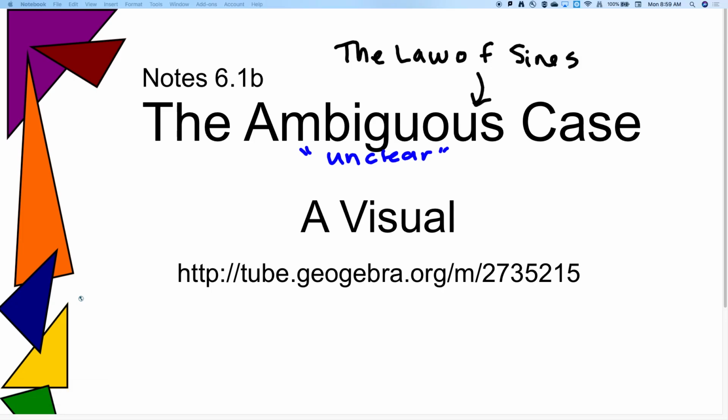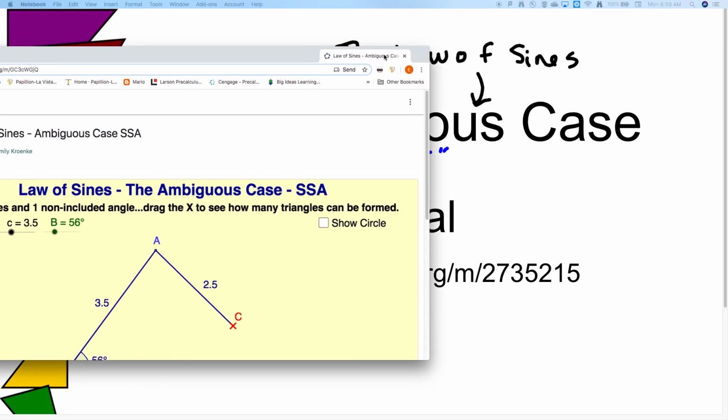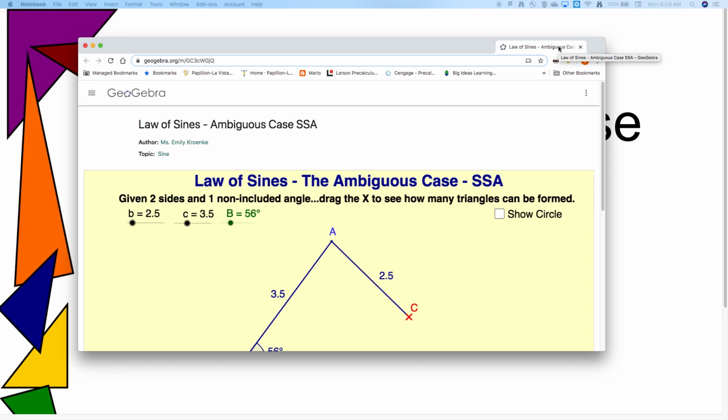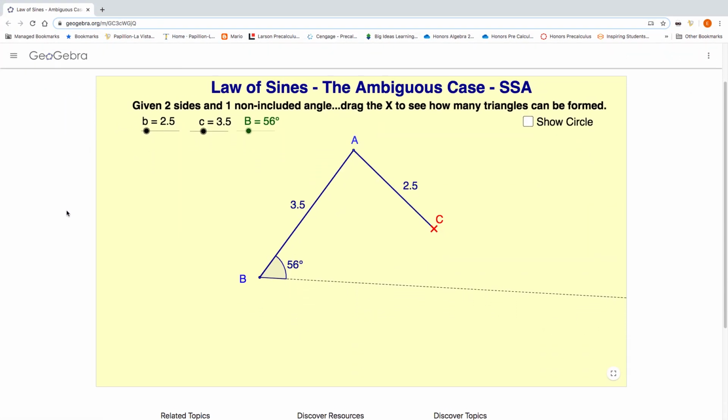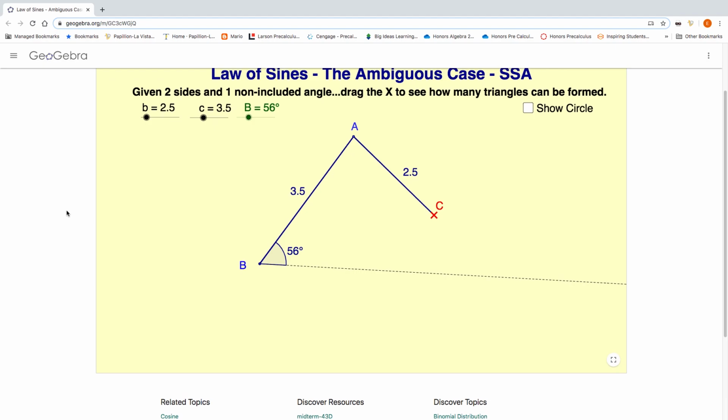So I'll teach you to just run through the steps and assume that there are two triangles, and if there are not, then the math will tell you so. I want to present to you, on GeoGebra, why the ambiguous case is what it is, and how it's possible to have zero triangles, one triangle, or two triangles.